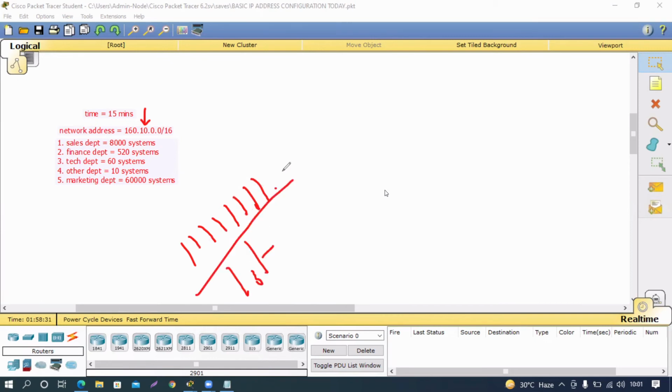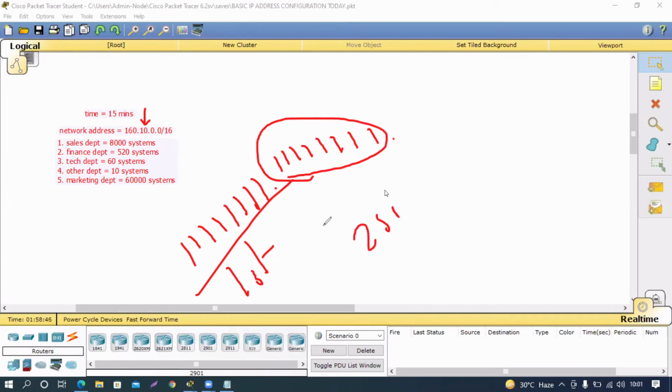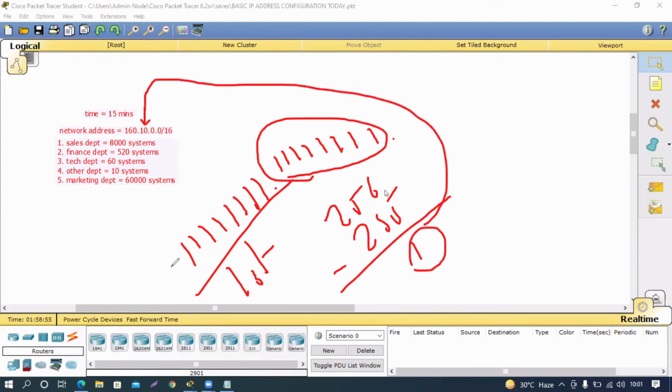Then from here, you count 1, 2, 3, 4, 5, 6, 7, 8, all these 8 host bits we are using. The value is 255, and if you subtract it from 256, you get 1. And this one we add into the 10 octet, and that is how it becomes 11, right? Yes, sir. That is it.